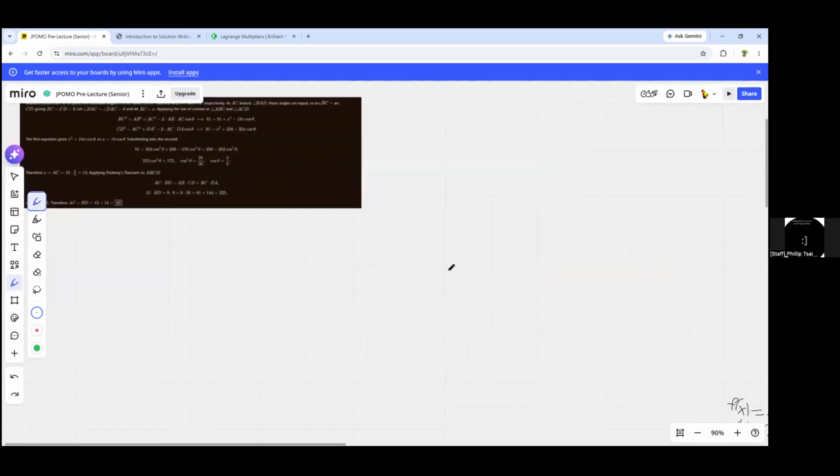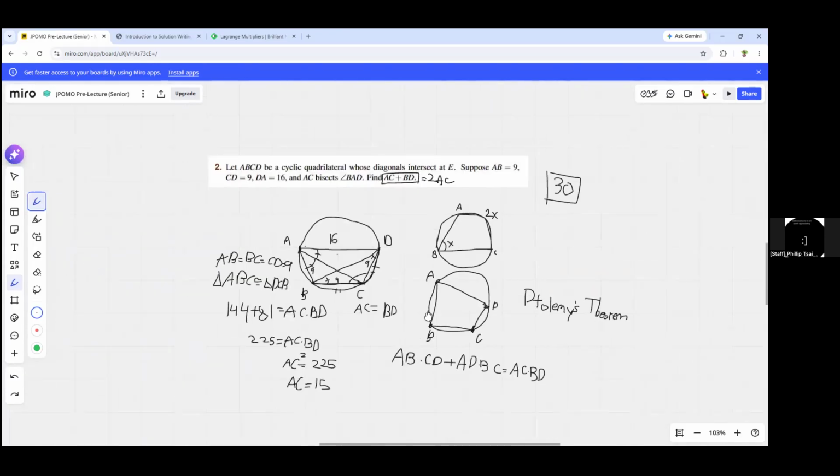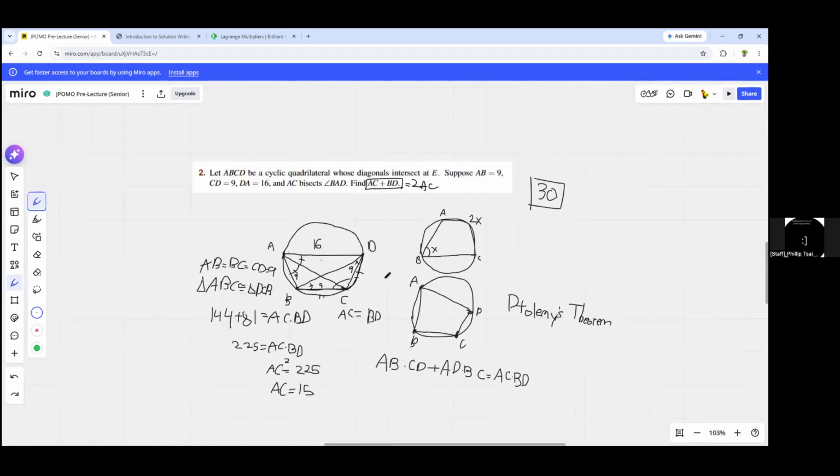So here is a more synthetic way, in other words, using normal geometric methods with as little algebra as possible, for our problem.